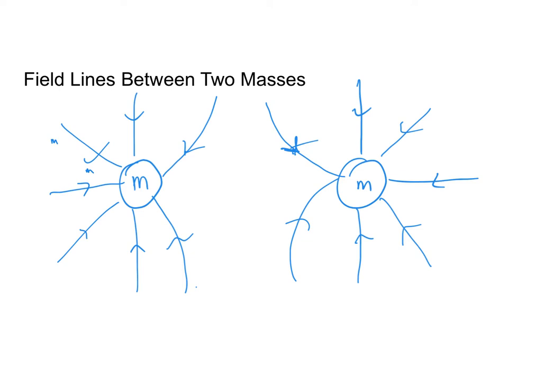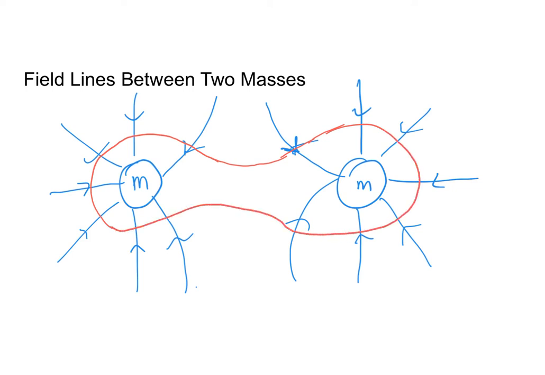But if I don't move it any closer to my center point, then I'm not actually doing any work. So if I look at my two masses, if I draw a curve that is approximately 90 degrees, so normal to my field lines, that curve is one equipotential surface.